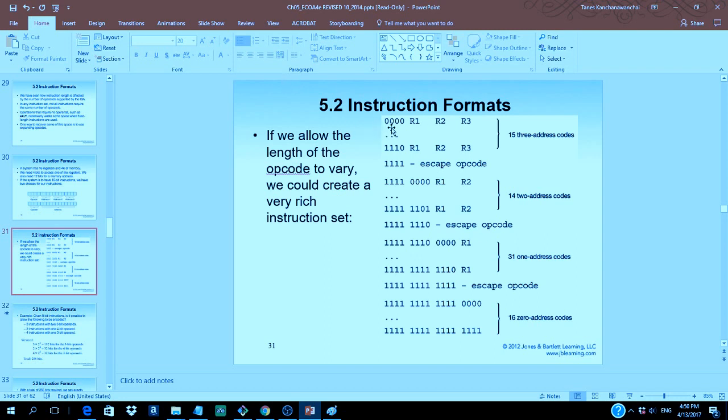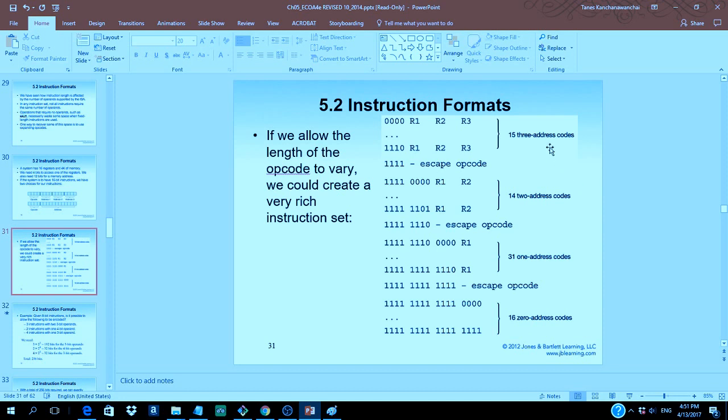When you look at the opcode, for 3 registers it's going to run from 0000 to 1110, right? From 0000 to 1111 is 16, minus 1, so we have 15 right there.